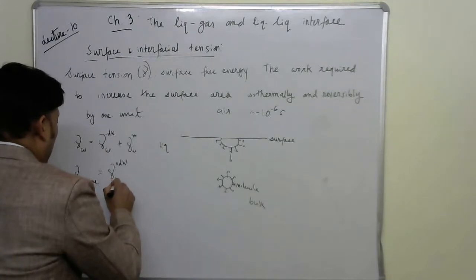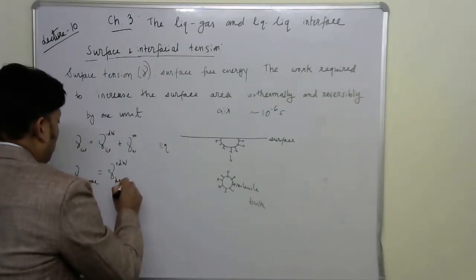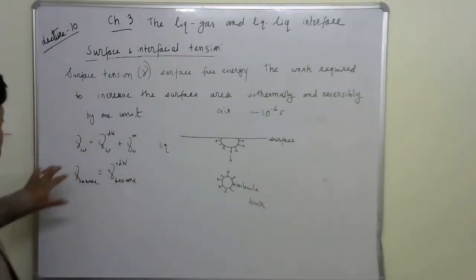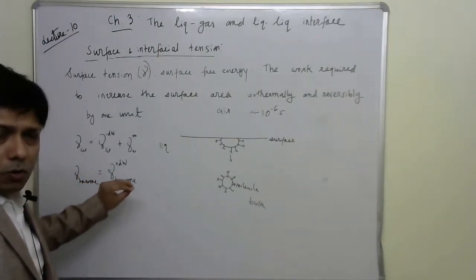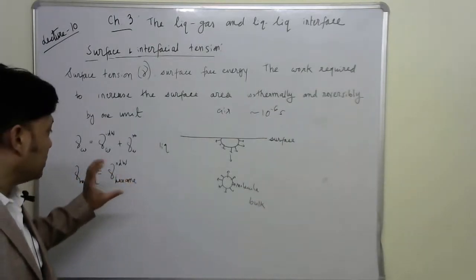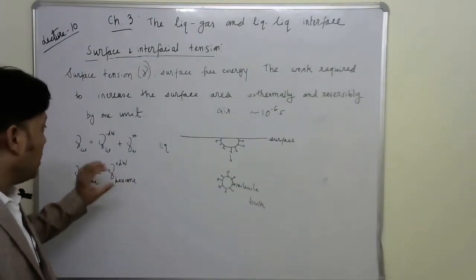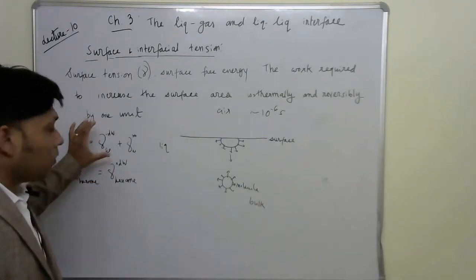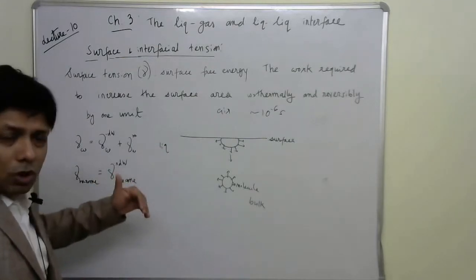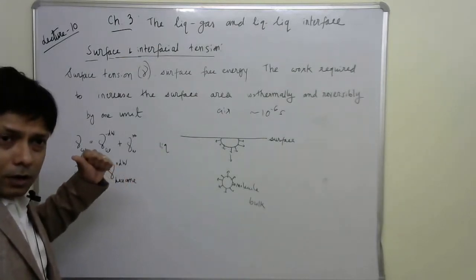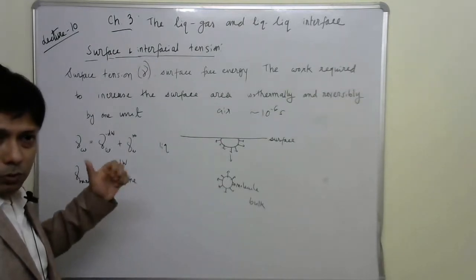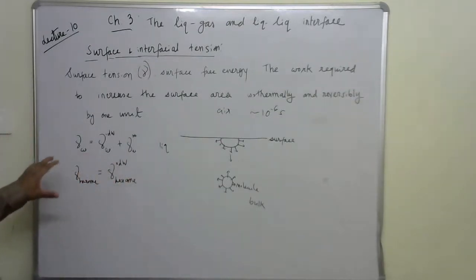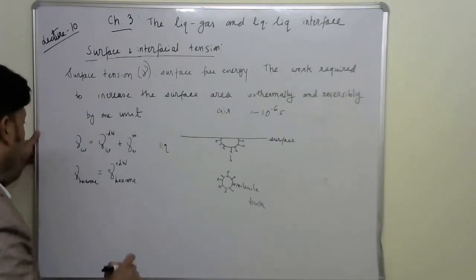This gamma hexane van der Waals should be less than the gamma water van der Waals, because in hexane the van der Waals forces are only dispersive, basically London dispersion forces. But for water, these van der Waals forces are a summation of London forces, Keesom forces and Debye forces. That means we also have dipole-dipole and dipole-induced dipole interactions.